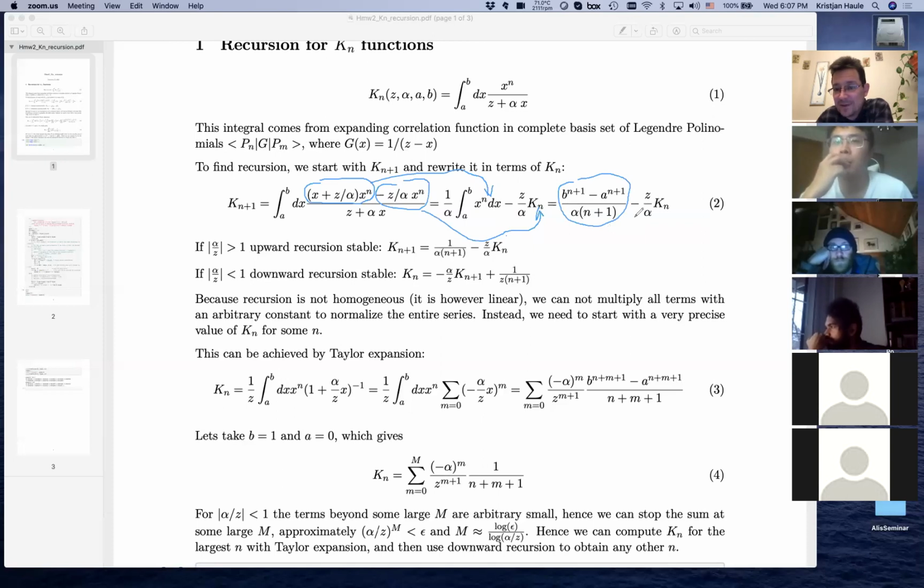This we can evaluate, and then this we just copy. Now we do this for b equal to 1, a equal to 0, so it's a bit easier. Then this thing is basically 1 divided by n plus 1, and this thing is z over alpha times k_n. So we arrive at this recursive relation. Is it clear? This is our final recursive relation.